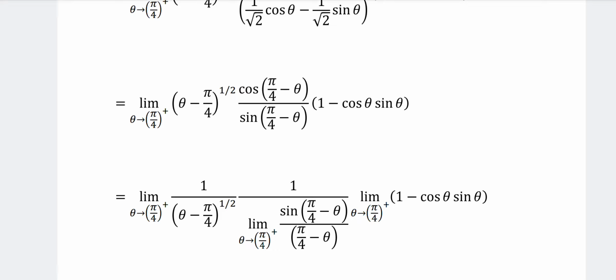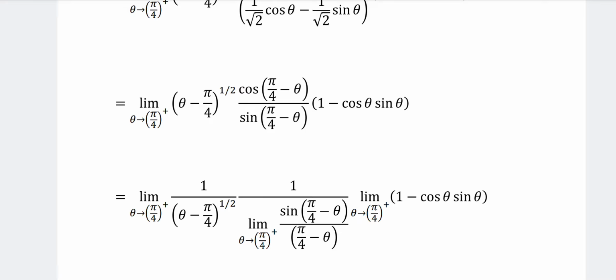I am taking the pi by 4 factor in the denominator of sin (pi by 4 minus theta), because I know that sin phi upon phi tends to 1 when phi tends to 0. Here theta tends to pi by 4 plus, the same situation. So its limit is going to be 1, and the limit of the denominator (theta minus pi by 4) is 0, so the whole limit is going to be infinity.